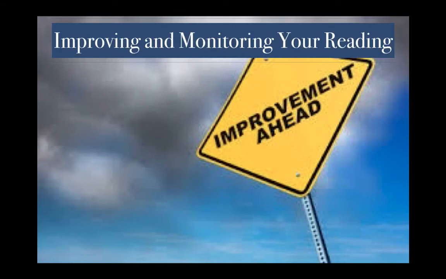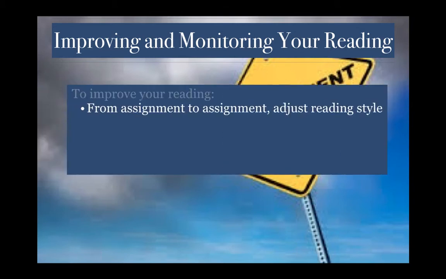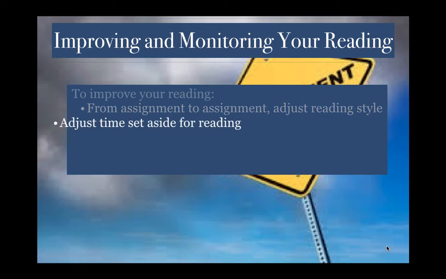So moving on through our chapter, improving and monitoring your reading. Improvement ahead. I like that stop sign. To improve your reading from assignment to assignment, you want to make sure that you adjust your reading style. If you're using one style, and as you learn about other styles, try them. You've got to adjust the time you set aside for your reading.